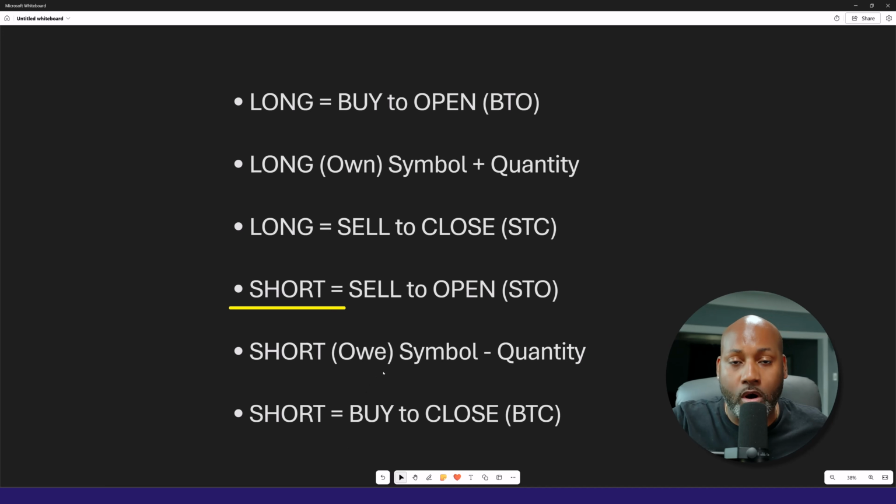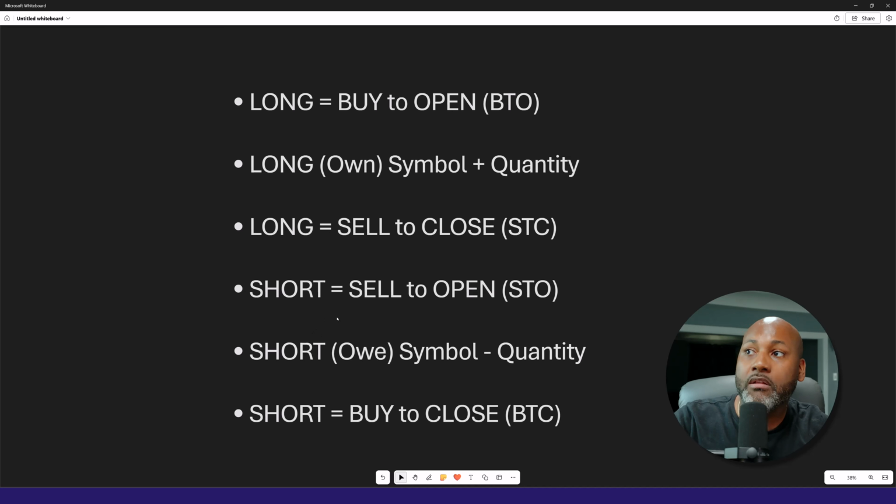So when you're short a position, you owe on that position. So what this person did, they borrowed shares. They sold first, and then their plan is to turn around and buy it back cheaper than what they sold it for. Buy low, sell high, or sell high and buy low.